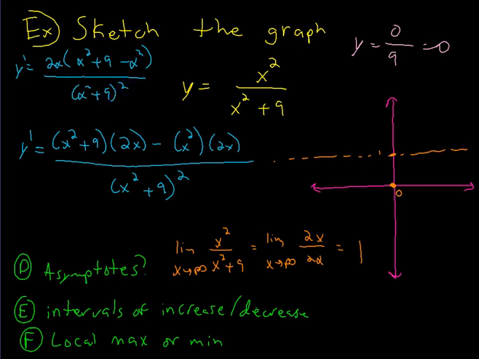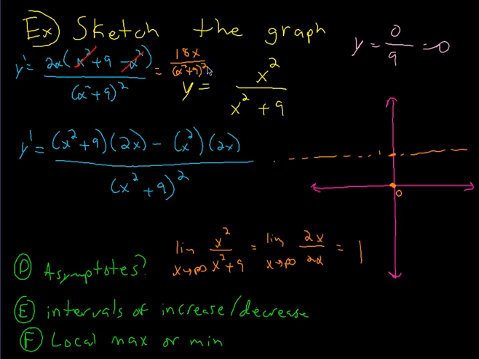So I can see right now that these cancel. So my numerator is now 18x, and that's going to be over x squared plus 9, quantity squared.